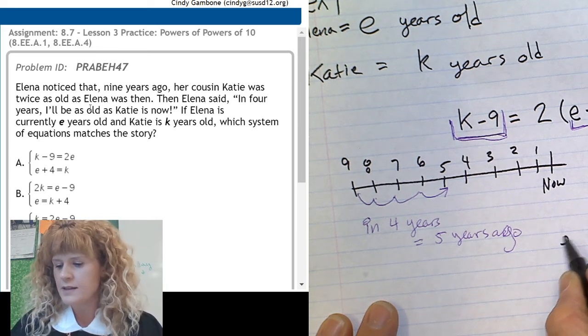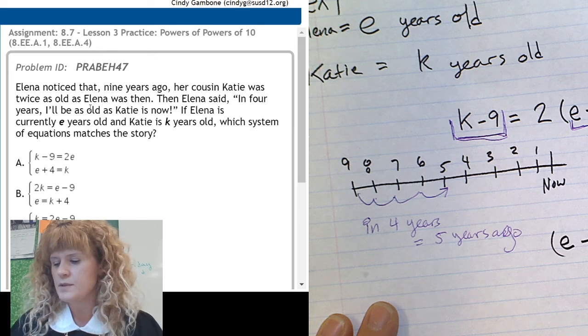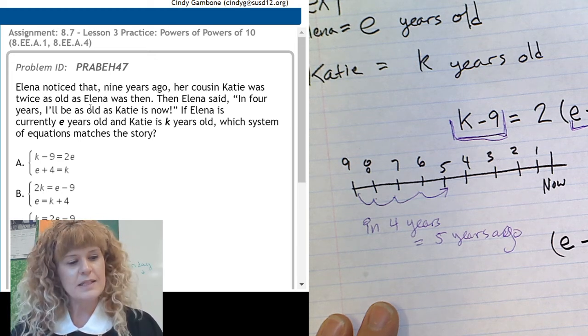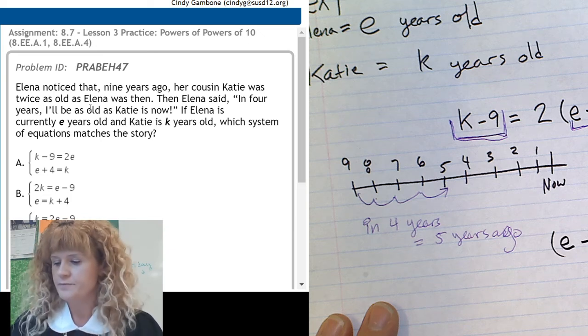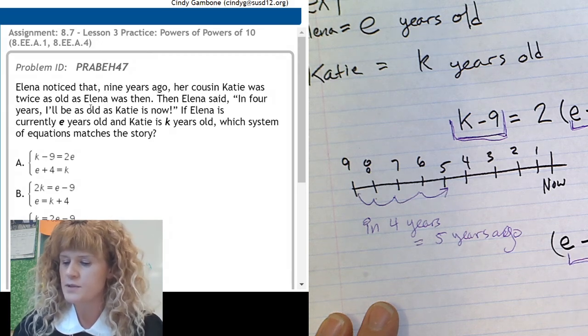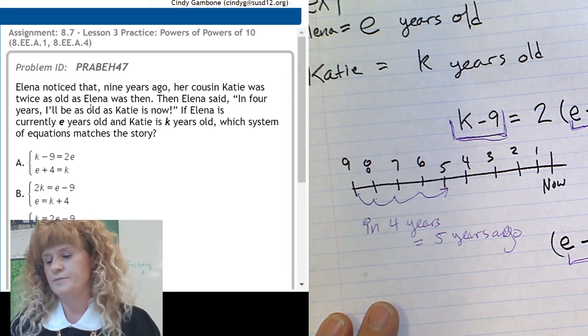So that means Elena's age minus 5 would be equal to Katie's age minus 9. Right. So this means Elena's age 5 years ago would be equal to Katie's age 9 years ago.